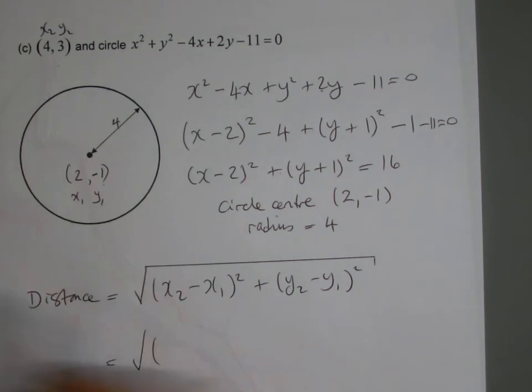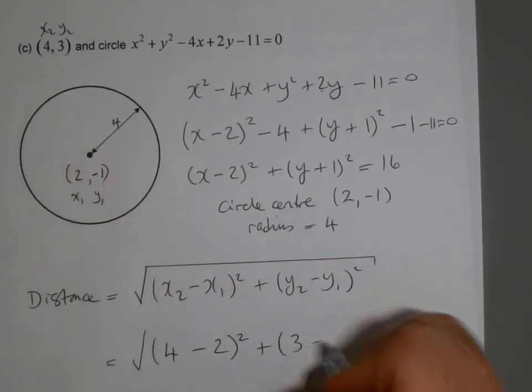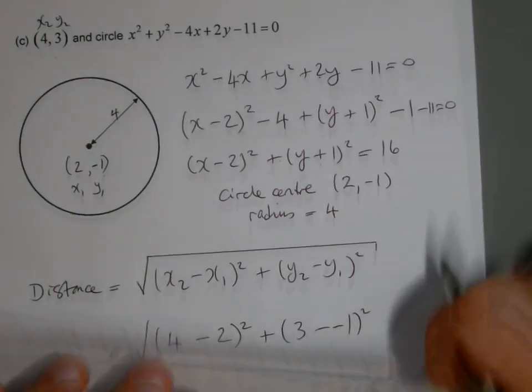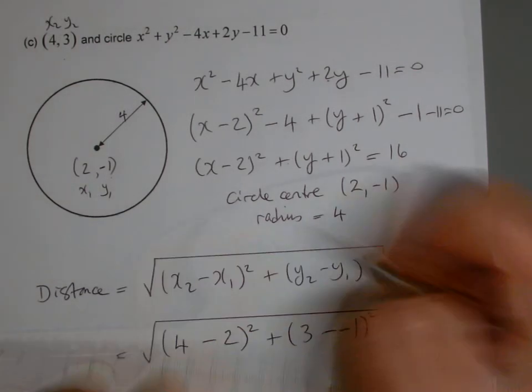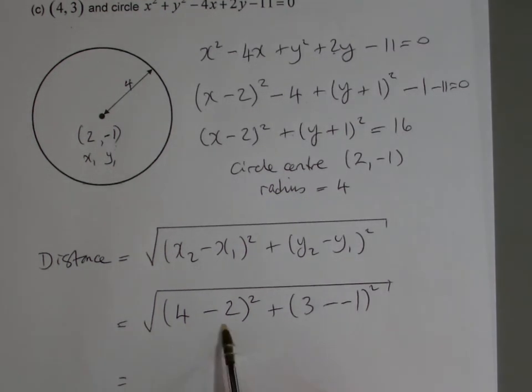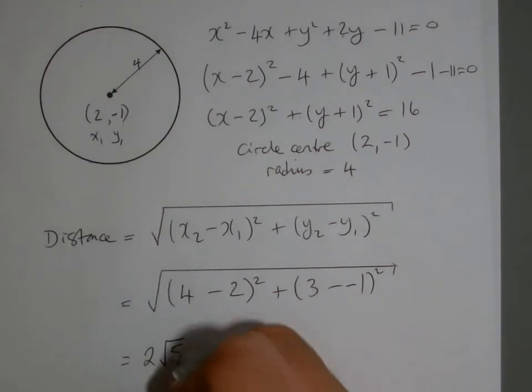So I've got my x2, which is 4, subtract my x1, which is 2, and then my y2, which is 3, subtract my y1, which is negative 1. So if I work that out, I've got the square root of 20, I believe. Just checking in case I make a mistake. Yeah, square root of 20, which obviously simplifies then to 2 root 5.